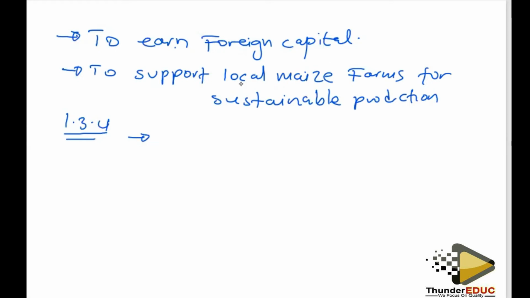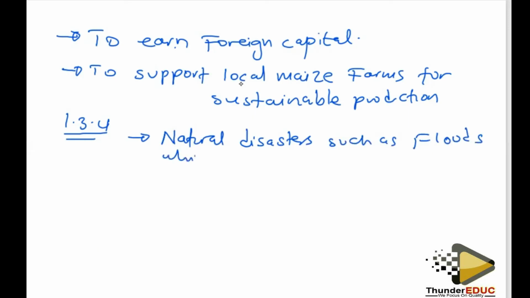We talk about natural disasters, such as floods, which affected maize production. So meaning in that season there was less maize production, could have been washed away by the floods or farms being destroyed.